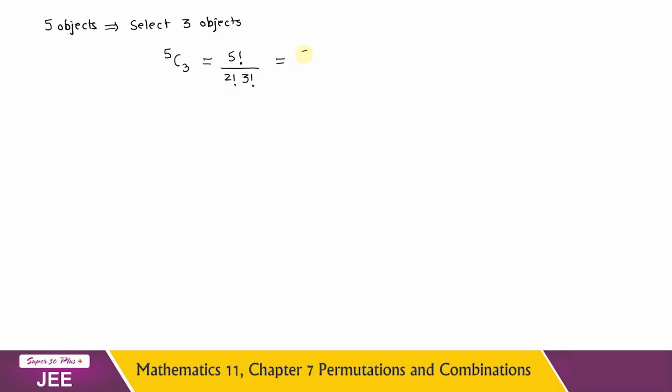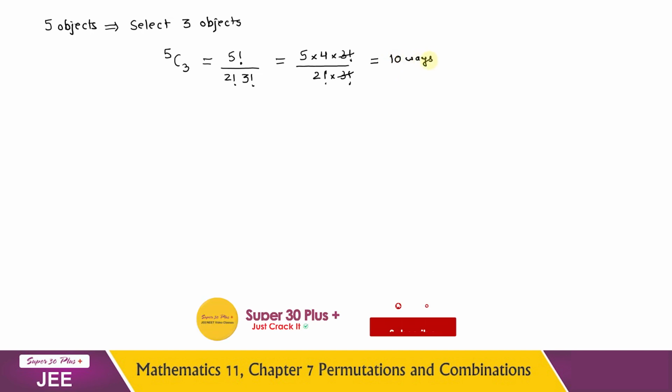So this is 5 into 4 into 3 factorial whole divided by 2 factorial and 3 factorial. So the net answer comes out to be 10. So there were total 10 ways in which selection of 3 objects can be done out of 5 distinct objects. Alright, so far so good. I hope everybody must have got this illustration.